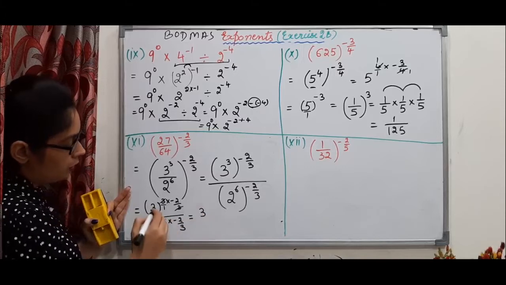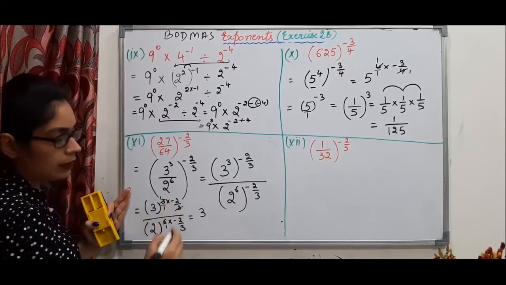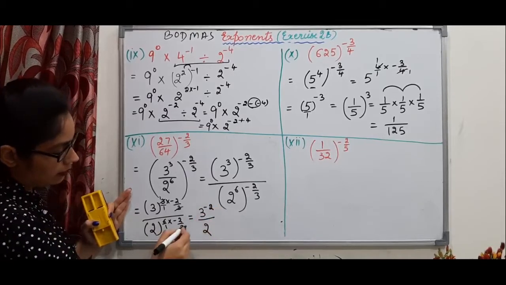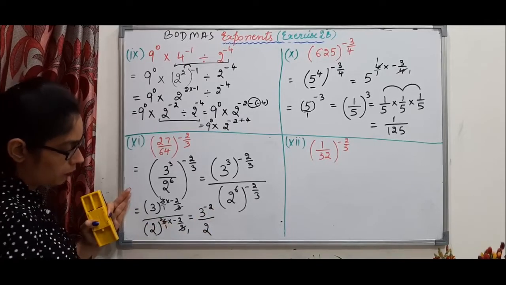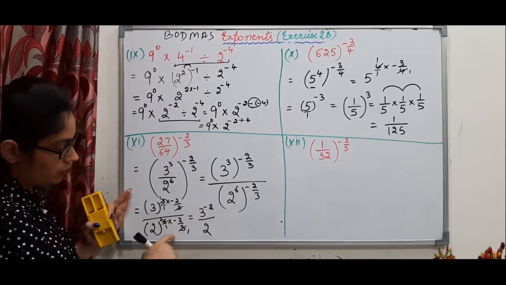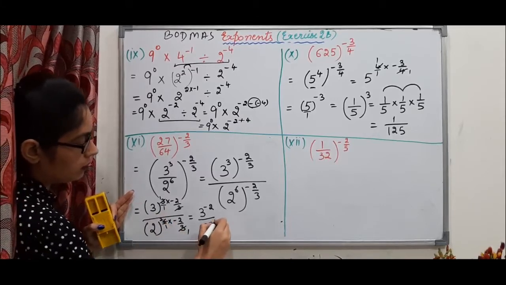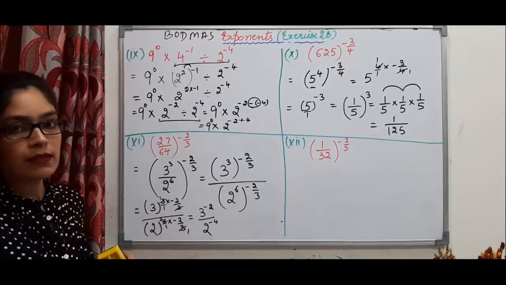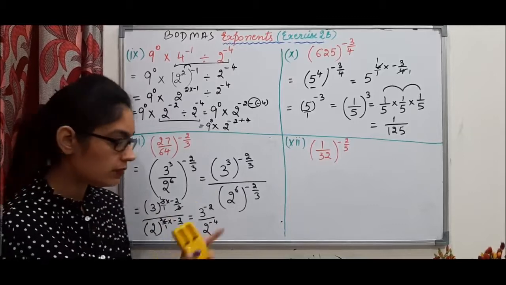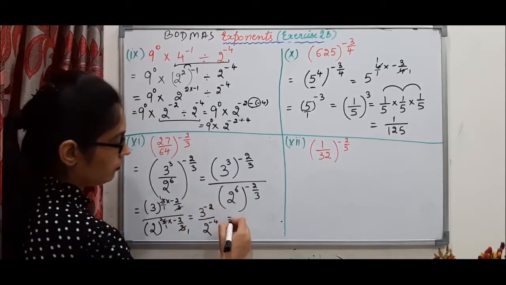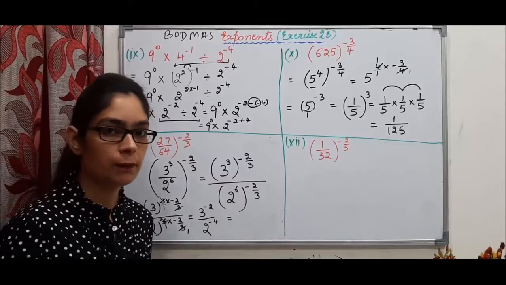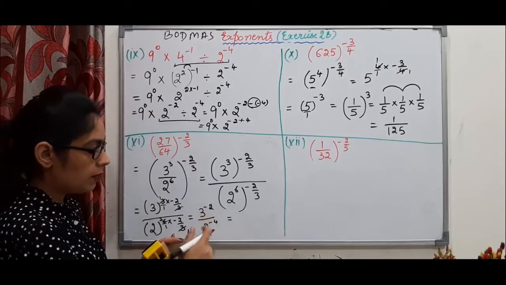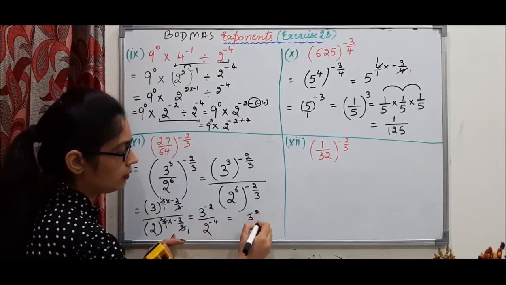On multiplying I will get 1 into minus 2, minus 2. Here also we can do cancellation, 2 into 1 and 2 into 2, 3 into 2 is 6. So 2 into minus 2 is minus 4. In multiplication, whenever a single minus sign is there, the answer will also be negative. Don't check whether the sign is with the bigger number or smaller number, that is only in case of plus and minus. So 3 to the power minus 2 and 3 to the power minus 4.